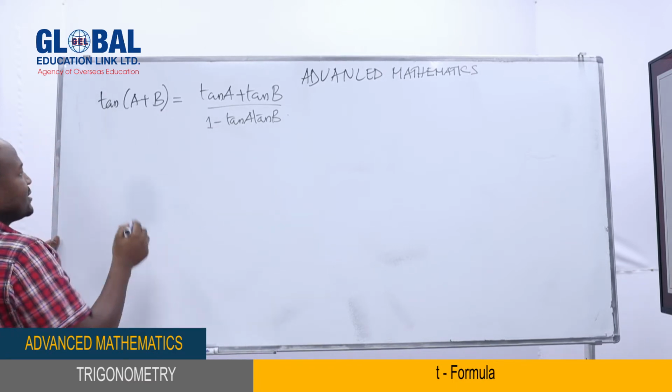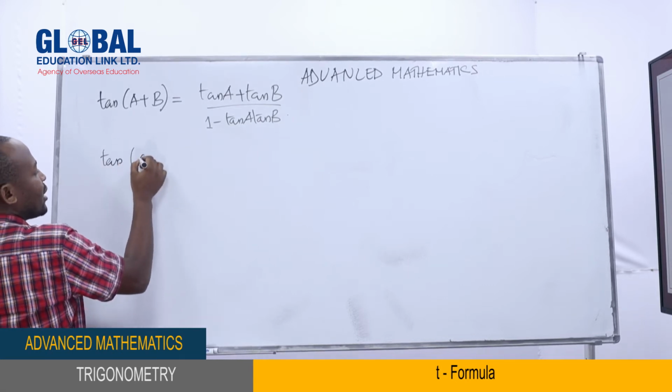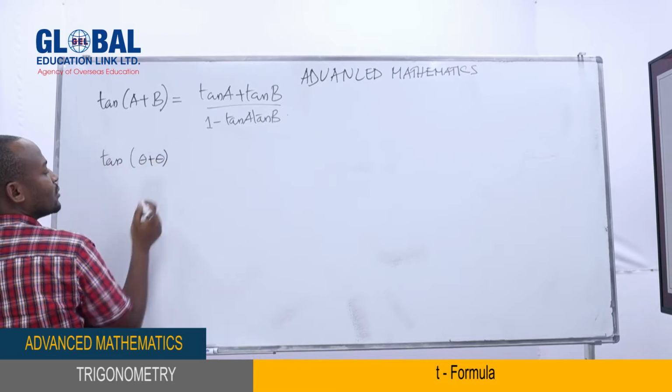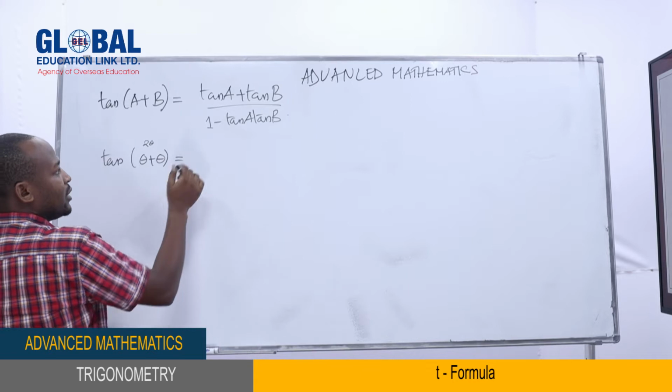Now let's say we have tan of theta plus theta. That means we are talking about 2 theta. How will this be? It will be as follows.